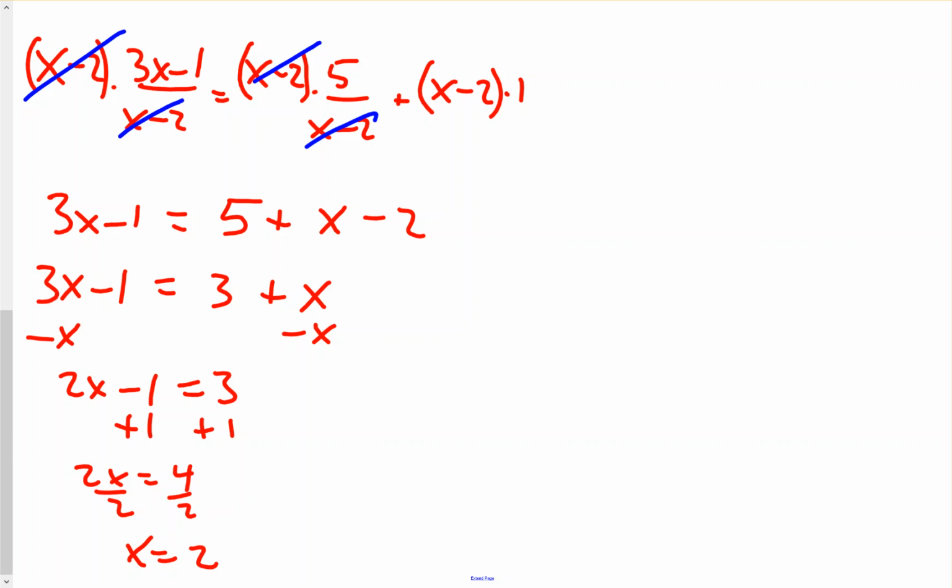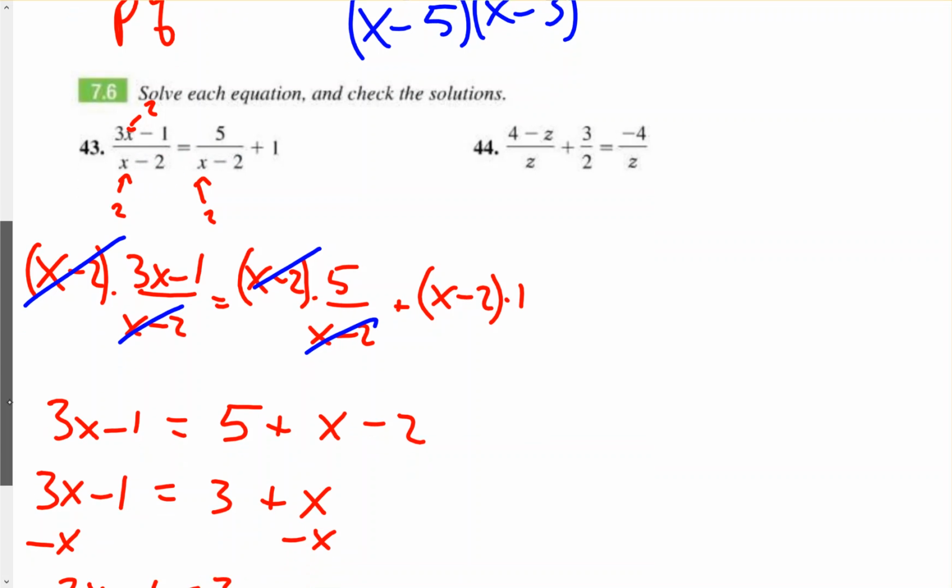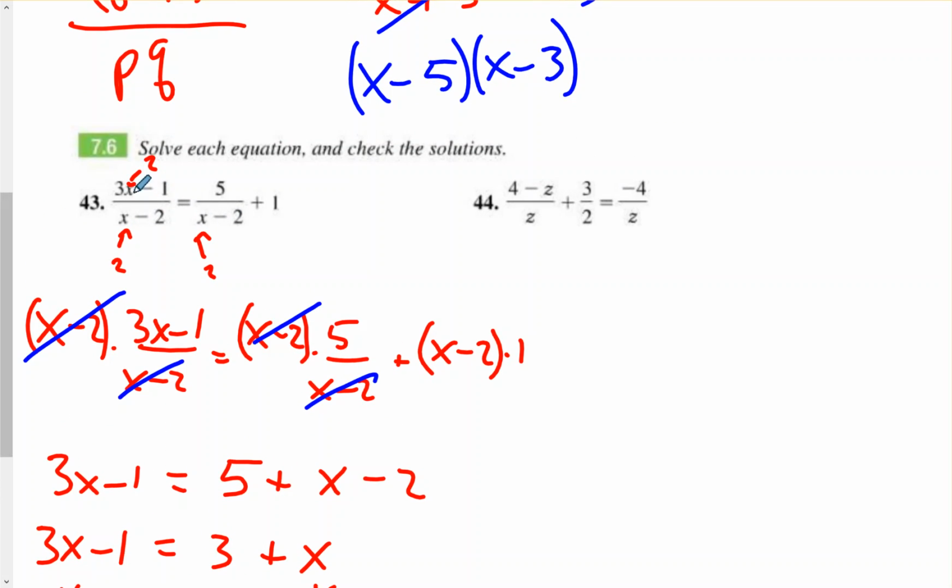Now, one of the things you want to be careful of when you get x equals 2, you want to see if it makes sense if you plug it into the equation. If you plug 2 back in, when you plug the answer back into your equation, we end up with a division by 0 case.